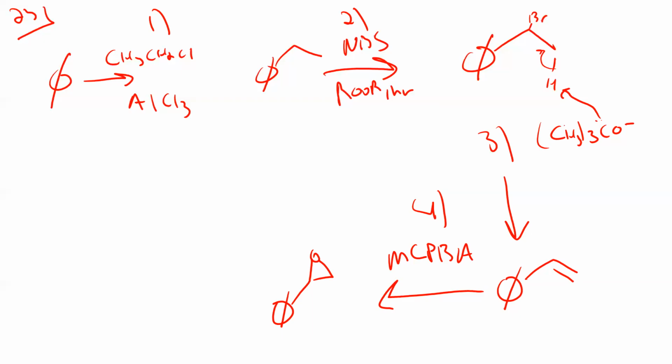All right, so let's go on to 24. So 24 says in each reaction box, select the best reagent conditions. We have another 4-step reaction here going on. So again, I'm going to do my abbreviation. We're going to start with our benzene, right?